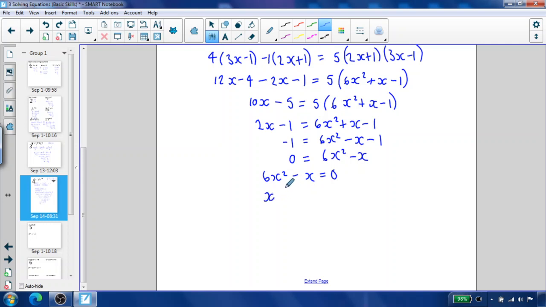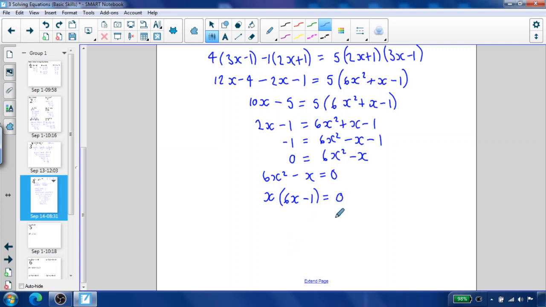I'm going to take an x out, open the bracket, and then x multiplied by 6x will give me 6x squared, and then x multiplied by minus 1 is equal to minus x, and then that's going to be equal to 0.